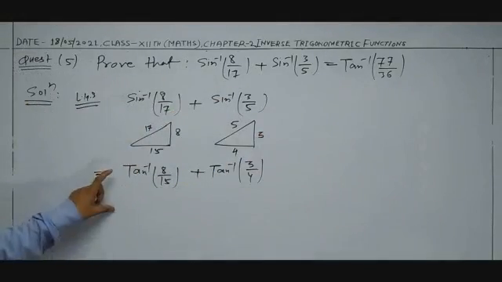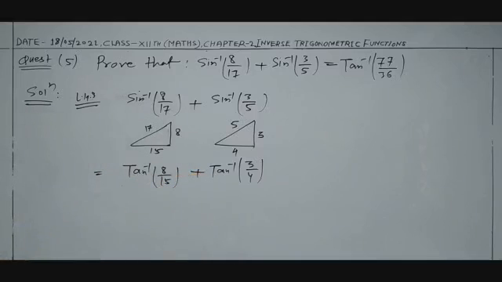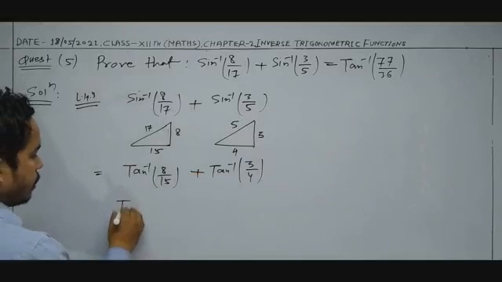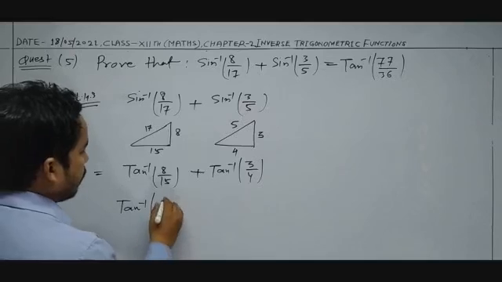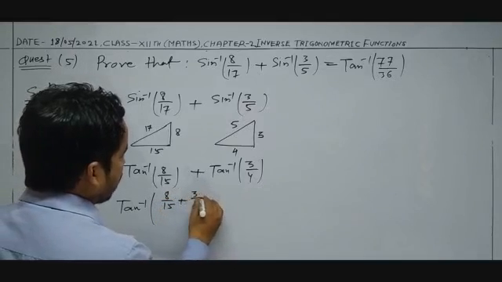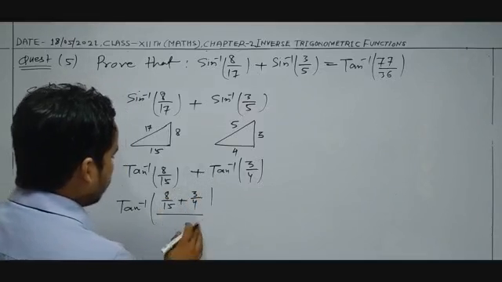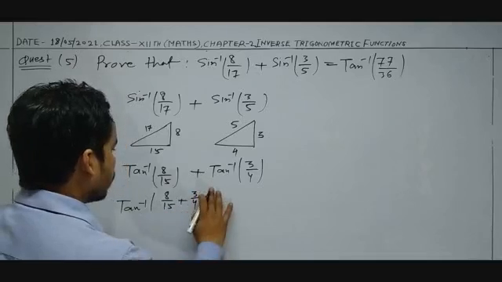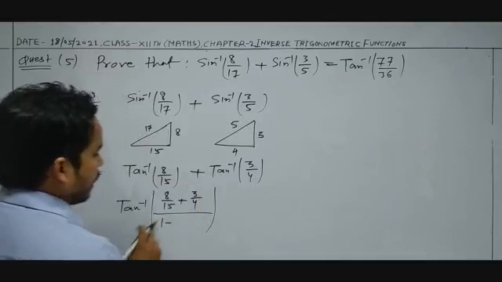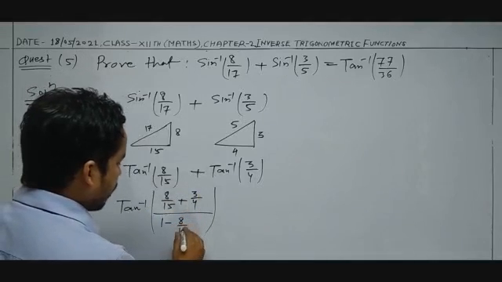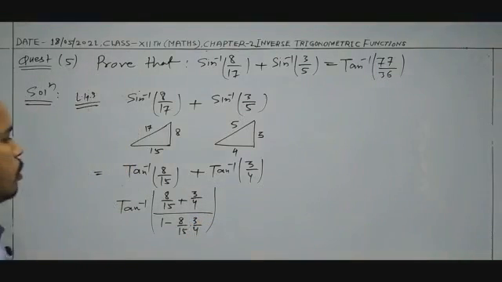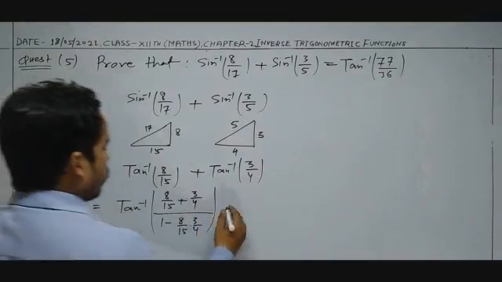So this expression is converted into tan inverse. You know the formula for tan inverse x plus tan inverse y, which is tan inverse of x plus y upon 1 minus xy. So that means 8 by 15 plus 3 by 4 whole upon 1 minus 8 by 15 into 3 by 4. After calculation, what will be the result?